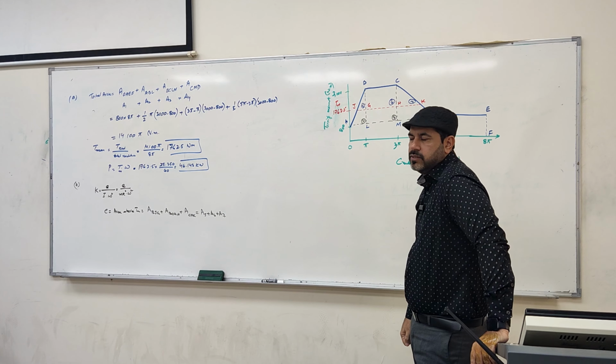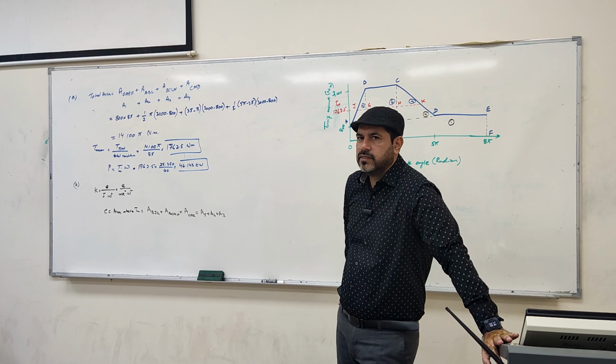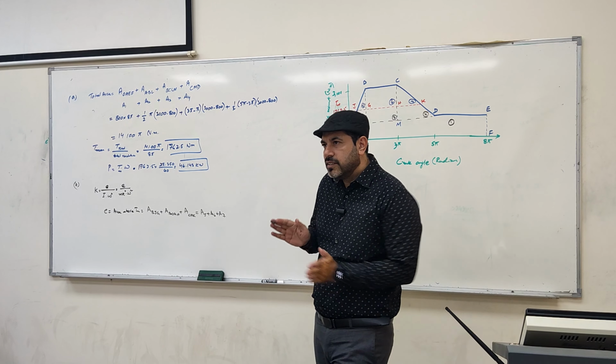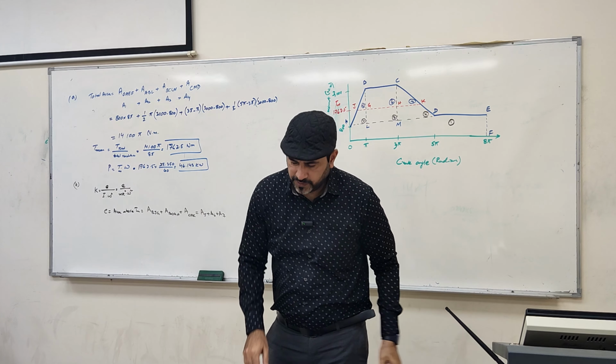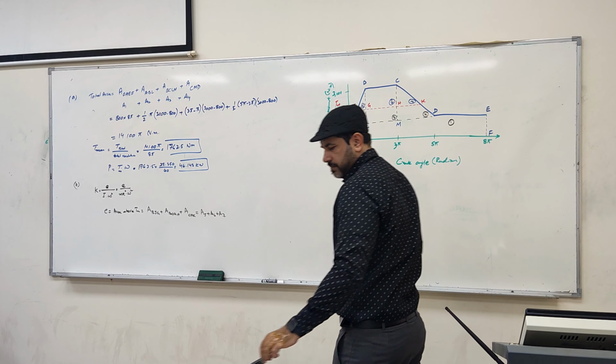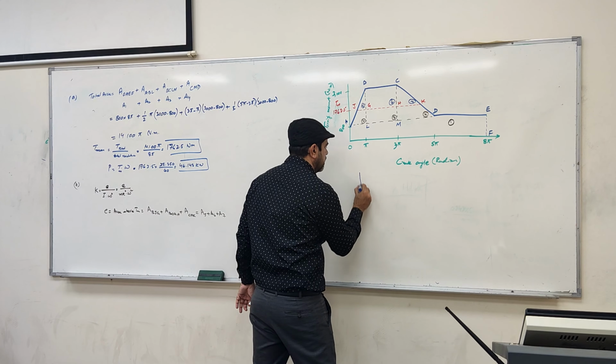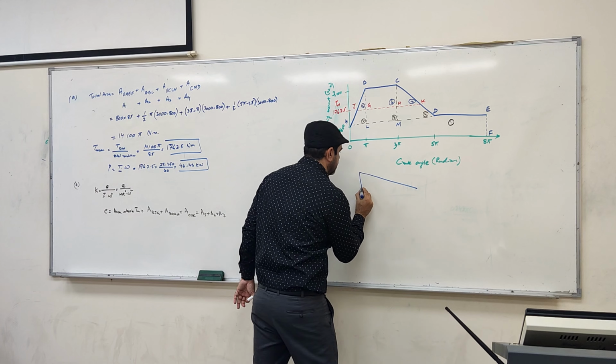We need to apply a concept which is called similar triangle. Have you done this cosine, sine? They are the same ratios, nothing. Okay, the concept of similar triangle is very simple. Let's start with this.